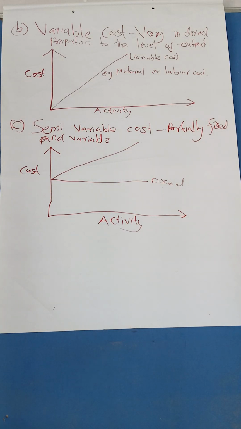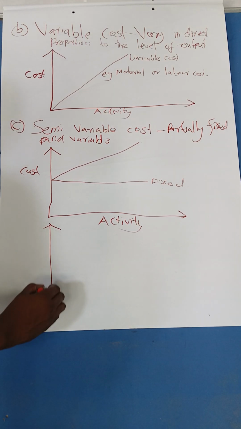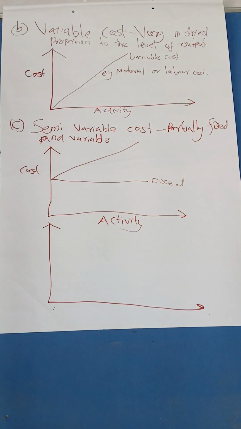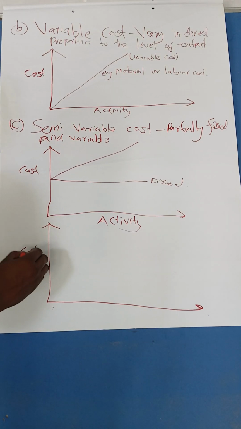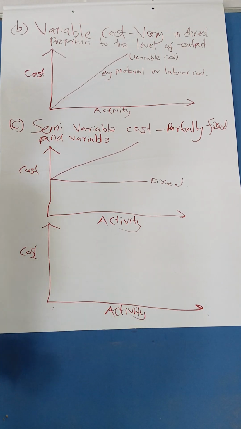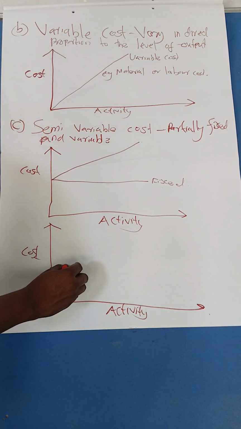Or you can have a diagram like this to show the semi-variable cost, whereby this remains cost and this remains activity. So it will keep changing that way.